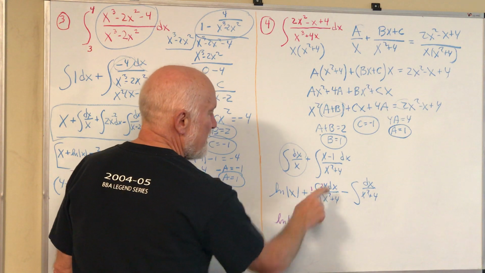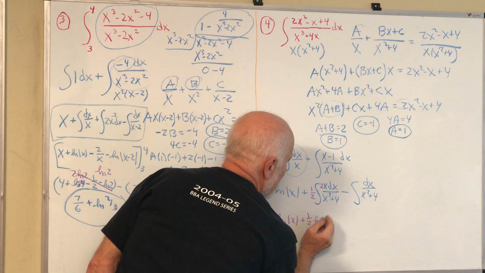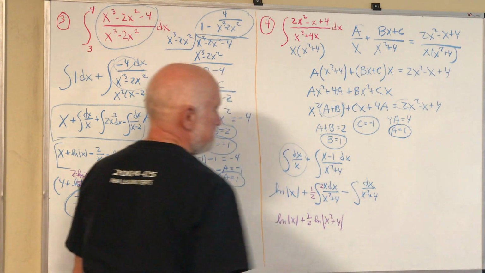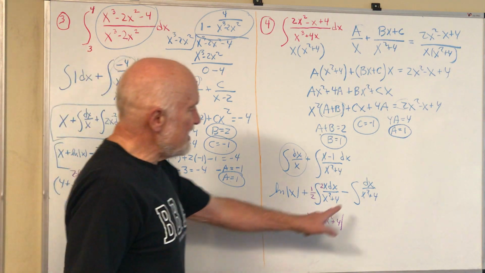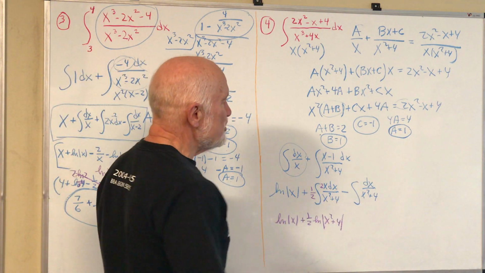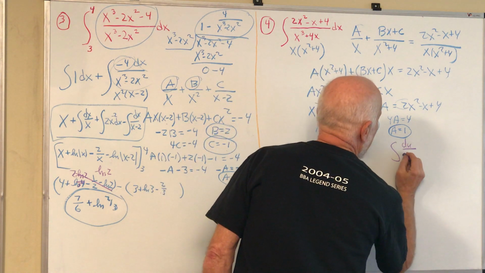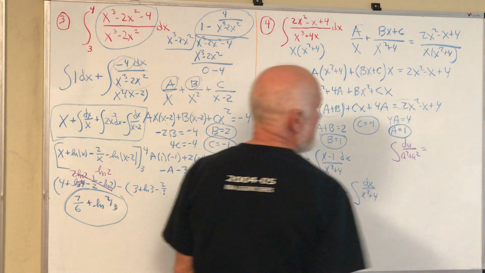The derivative of the bottom is up at the top. So that's the natural log of the absolute value of u. And then the last one. In the last talk we had, we actually took something that looked like that, and we came up with a formula.